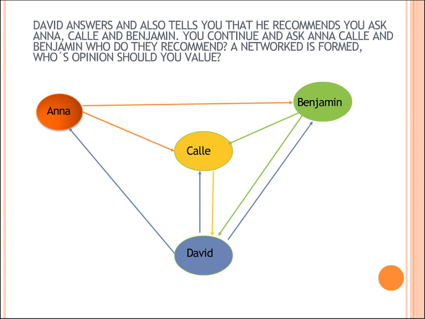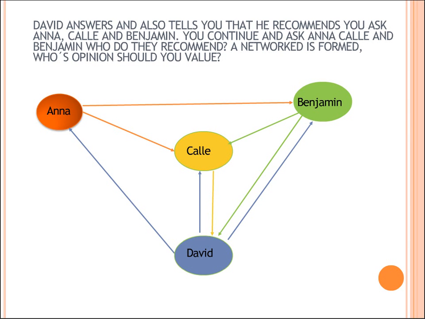Now this is a small graph for the purpose of the exercise, and I'm sure you can understand that in reality it's not a closed loop, but let's think that in this particular case it is. So what we have is a graph with people pointing in different directions and then pointing back again to the same people. So the question is, whose opinion should you value?